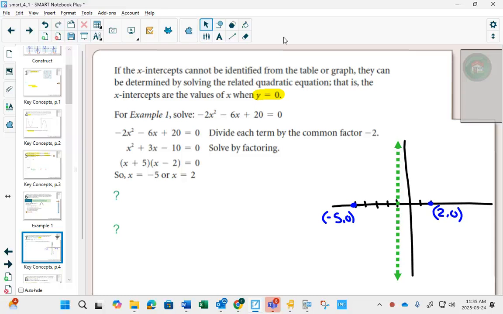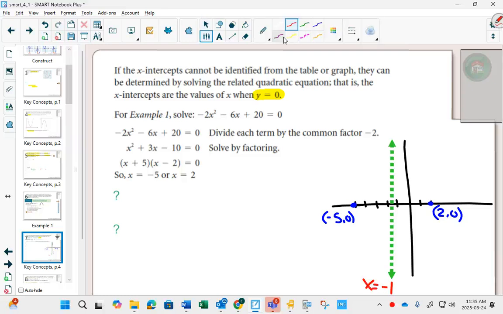So where should it be? And how can I find this? It's actually -1.5. How can I find that mathematically? If I know my two x-intercepts, I should always be able to find my axis of symmetry. So it has to be right in the middle. That connects to, remember doing midpoint in grade 10?